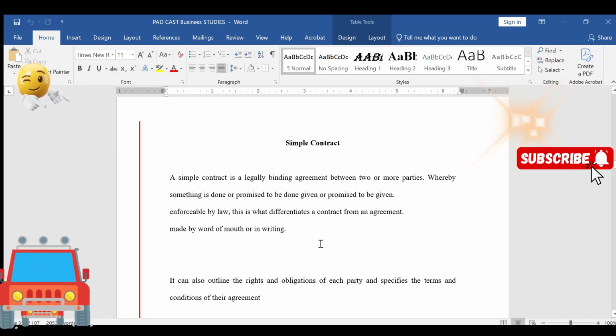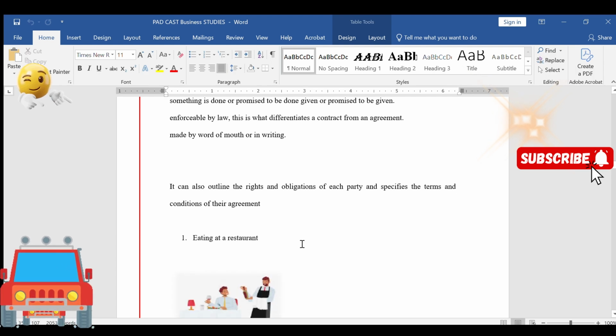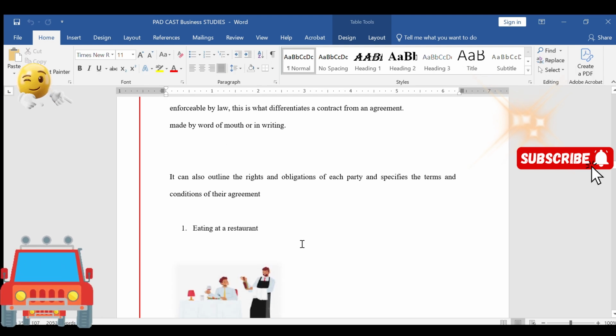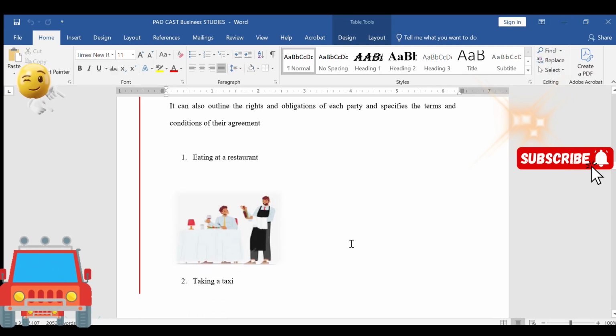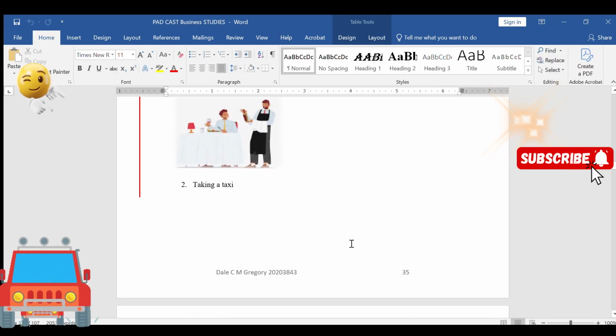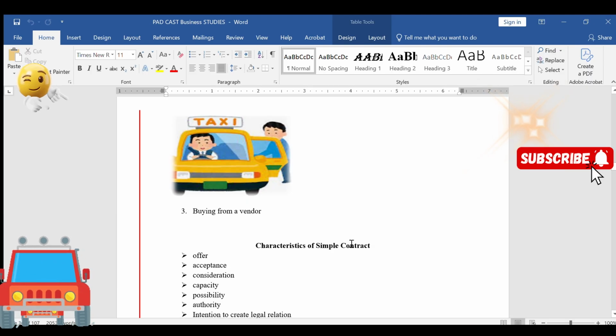This is what differentiates a contract from an agreement made by word of mouth or in writing. It can also outline the rights and obligations of each party and specify the terms and conditions of their agreement. Examples: eating at a restaurant, taking a taxi, buying from a vendor.